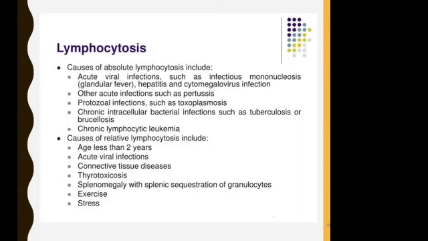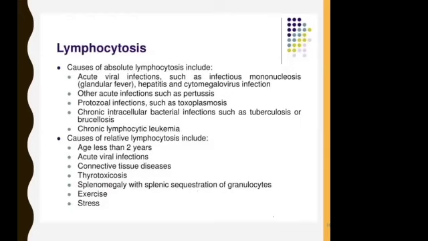And we might also see low lymphocyte counts in chronic lymphocytic leukemia. Sorry, we're going to see high numbers in chronic lymphocytic leukemia. Excuse me for the slip of tongue. This increase in lymphocyte count is known as lymphocytosis.